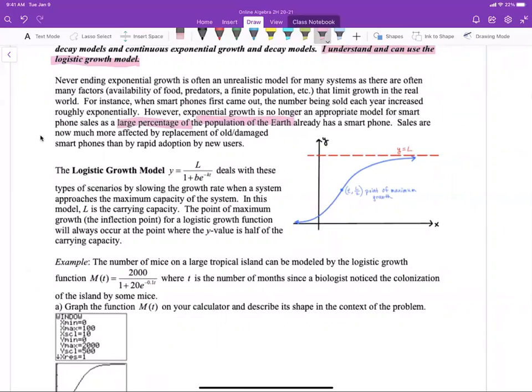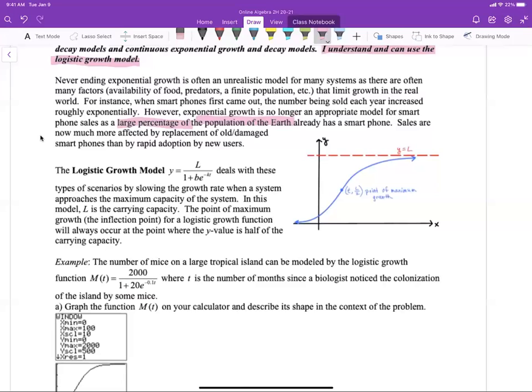This logistic growth model is a function. So we have the model y, the output at some future date, is equal to L divided by 1 plus b times e to the negative k times t. So L is a constant, b is a constant, k is a constant, and t is our variable, such as x, for example.